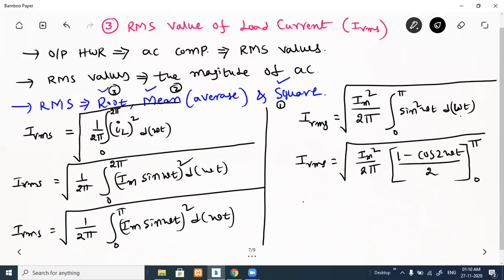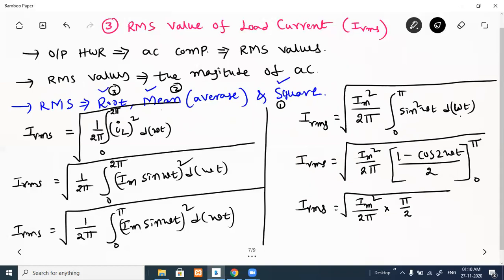After applying the limits, IRMS equal to square root of Im square by 2 pi into pi by 2.